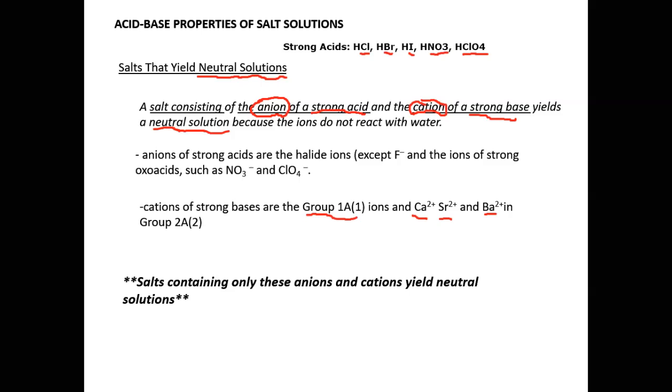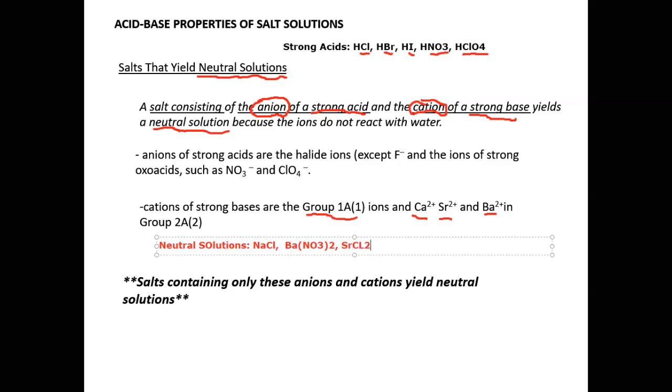So what are some neutral solutions? Things like NaCl. Na is neutral, Cl is neutral. Ba(NO3)2: nitrate is neutral, barium is neutral. So when you dissolve these compounds in water, they're going to be neutral.